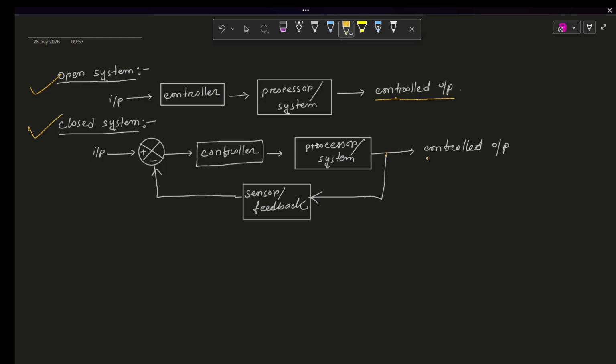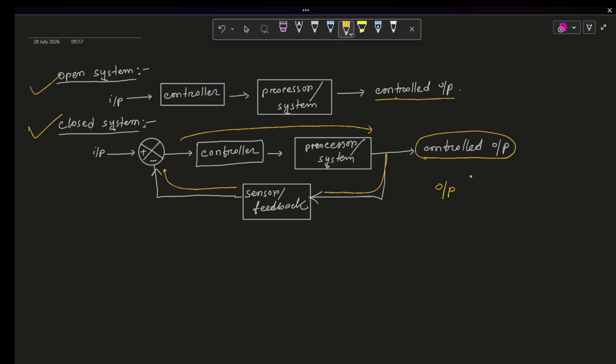Because you can see here we got the controlled output, but the controlled output is also going this way, then this, and here it gets added or subtracted. Then these will flow in this direction. So you can see the controlled output is being used in the whole controlling mechanism. So the closed system is an output dependent system.